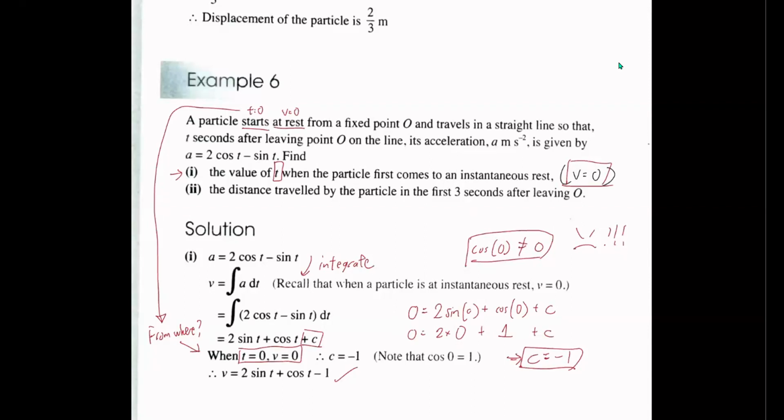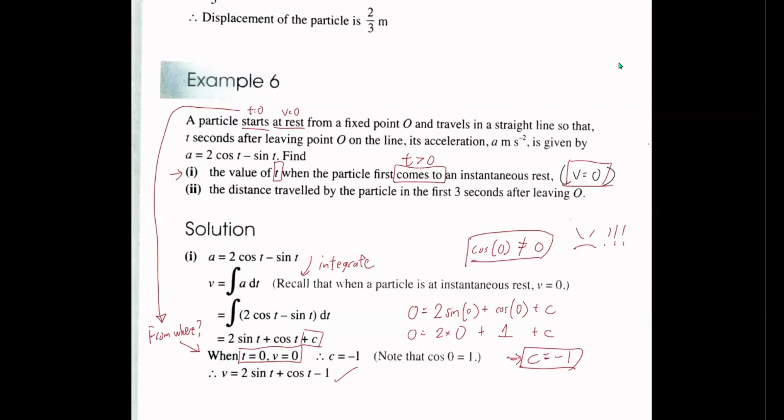Maybe again it's just English comprehension. You say "first comes to", which means there must be some progression already, some time must have passed. So it's a value, that's why I'm looking for a t that's not equal to 0. Some time must have passed, so t more than 0.